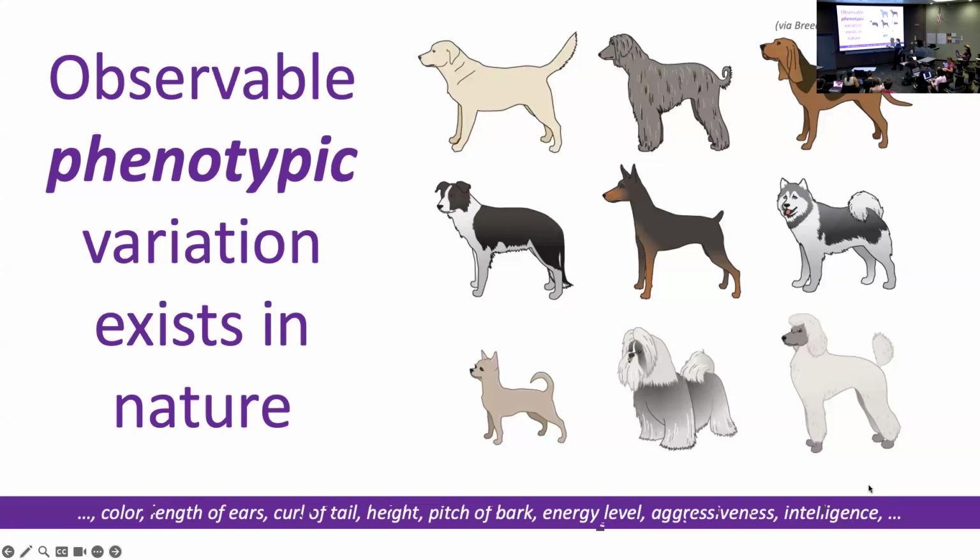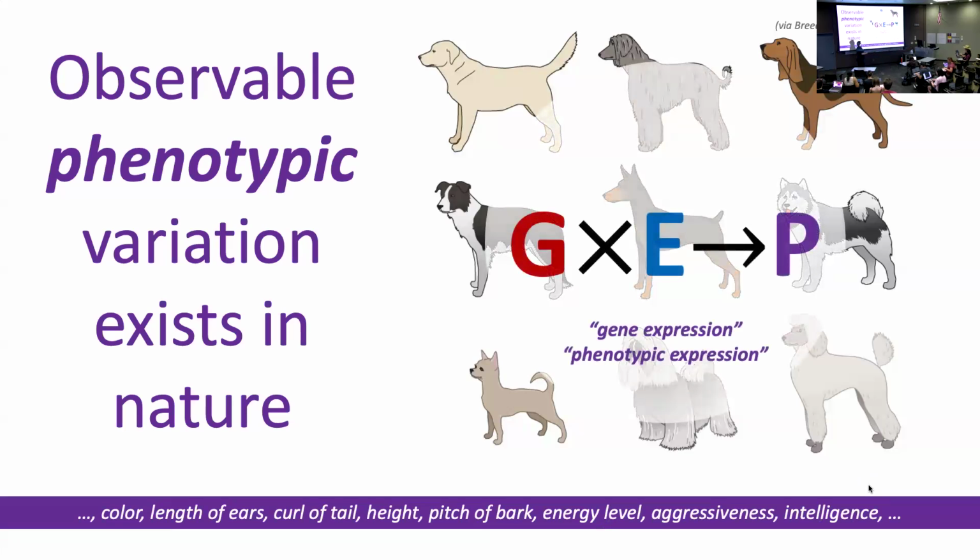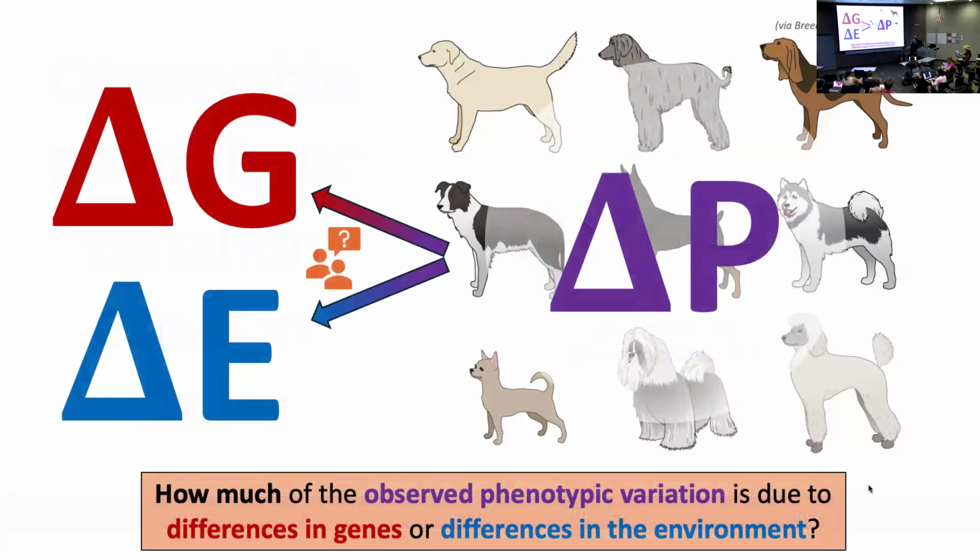These are behavioral traits, with a lot of variation across them. But where does that come from? Is it just the genes, or is it the environment that the animal has been brought up in that gives them those differences? The question is, to what extent are differences in phenotype, delta phenotype, explained by differences in genotype or differences in the environment?